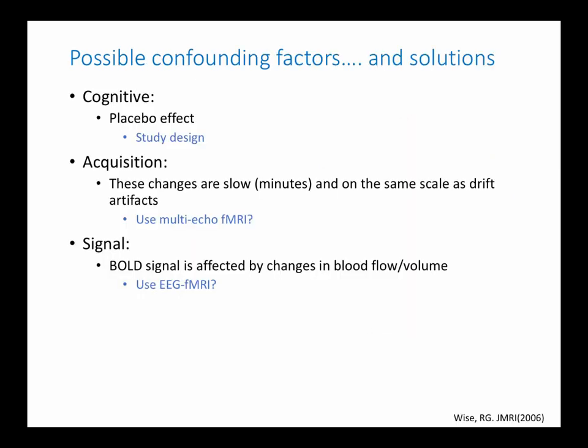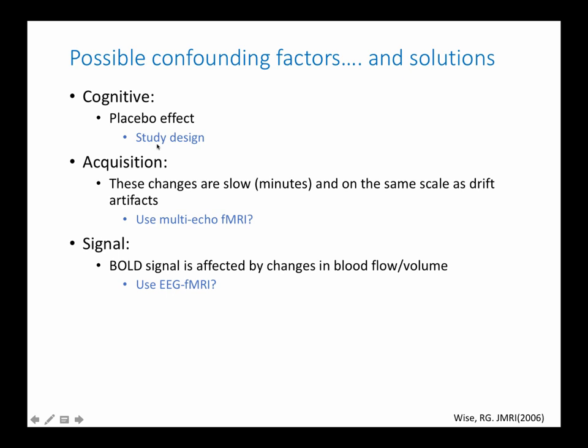So as I mentioned before, just doing fMRI might not be enough in terms of looking at the effects of the drug because you're not actually getting a direct neural measurement. And I'm going to go through 3 different confounding factors. It's probably not an exhaustive list, but it gets you at least started in thinking about this. I sort of briefly alluded to cognitive things that might affect the response to the drug, one of which is the placebo effect.